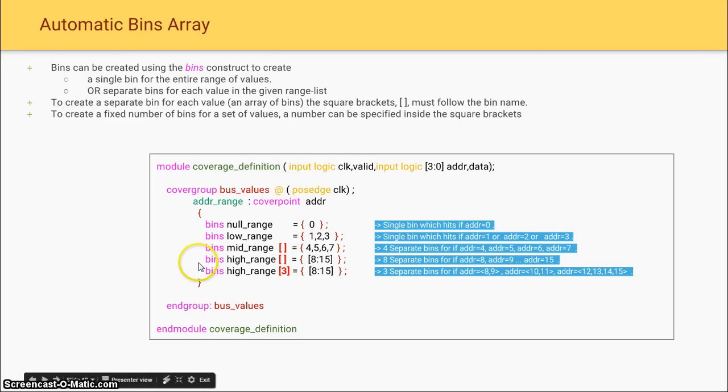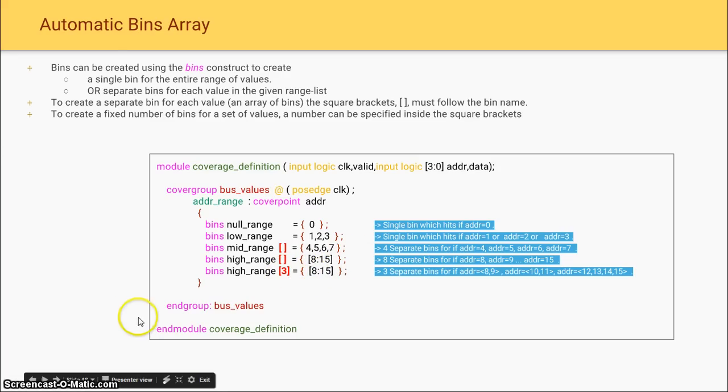And in the next statement I have just rewritten the same statement for high range with a given index of 3. So this means that the automatic array creation of bins is limited to a size of 3. That means for the entire set of values given, there will be only 3 bins created instead of 8 bins.